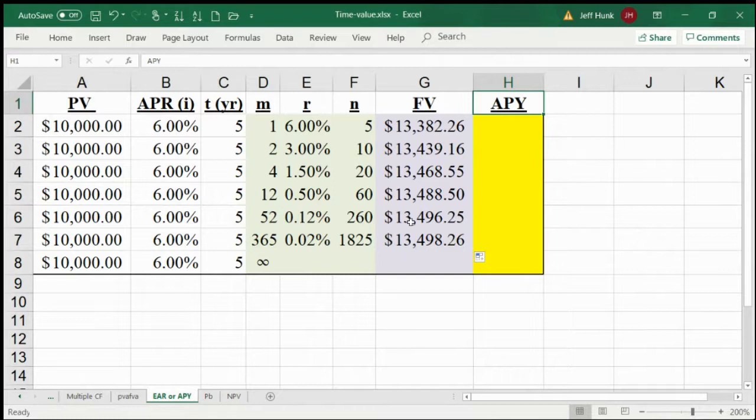And then the formula for APY is not a very difficult one, okay? So let me get to the whiteboard, okay? Let me stop this.